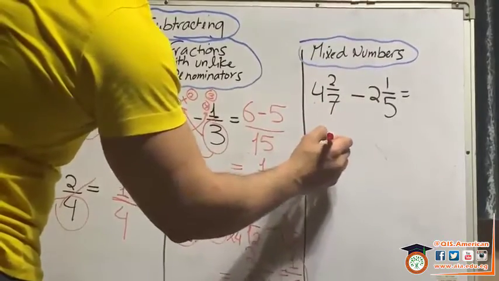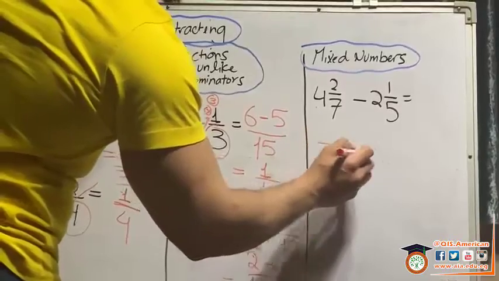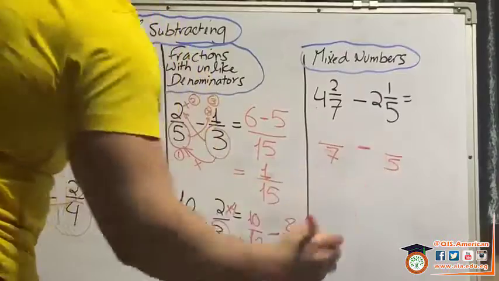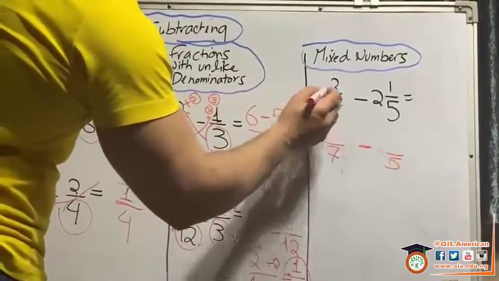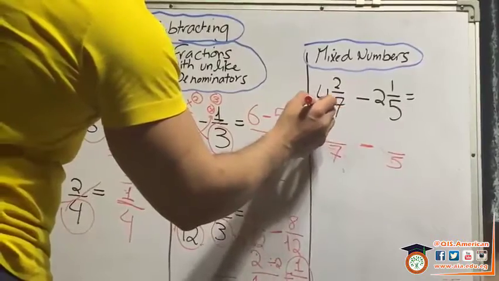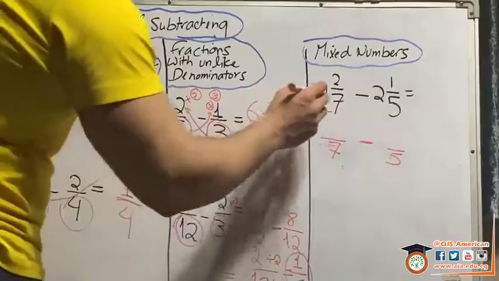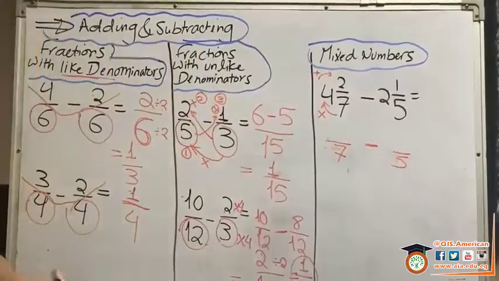Okay, I'm gonna keep the denominators as they are. So here I have a 7 and here I have a 5 and the subtraction stays as it is. Okay, for this one, 4, I'm gonna multiply the 7 by 4, and when I get the answer, I'm gonna add 2 to it.